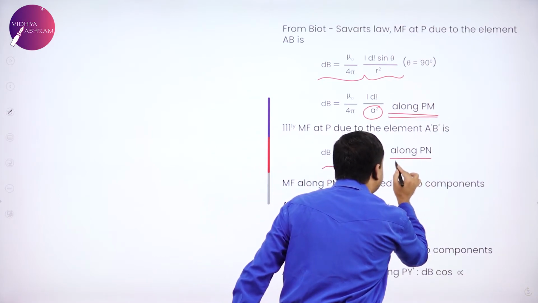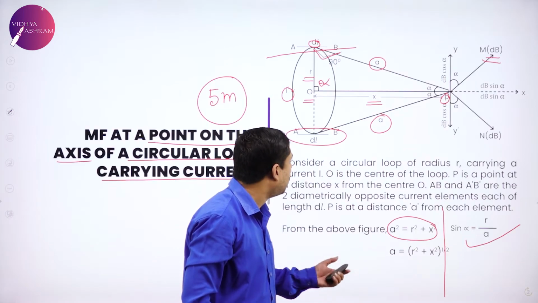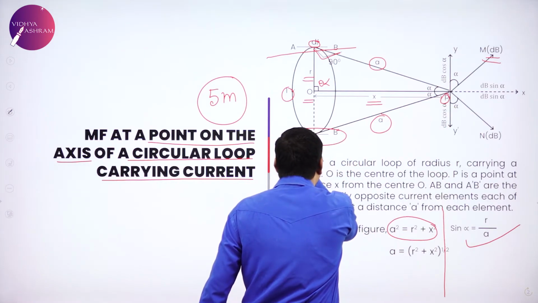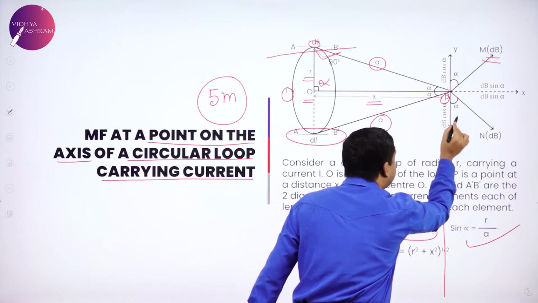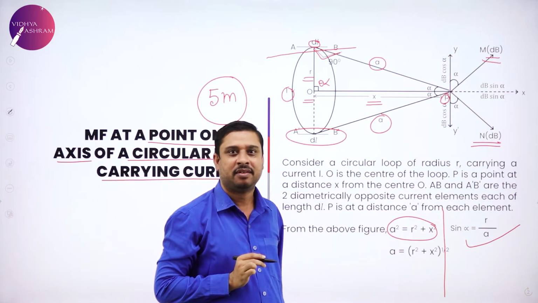But now this is acting along Pn. So the magnetic field at P due to the element A dash B dash is acting along Pn.